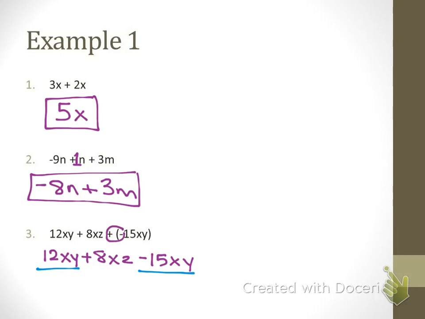Why is it negative 3? Because 15 is your bigger number, right? 15 is the greater absolute value. It's the bigger number, so I keep the negative. So it would be negative 3xy. Okay, so we have negative 3xy, and then we cannot combine 8xz with anything because there's no terms matching it.